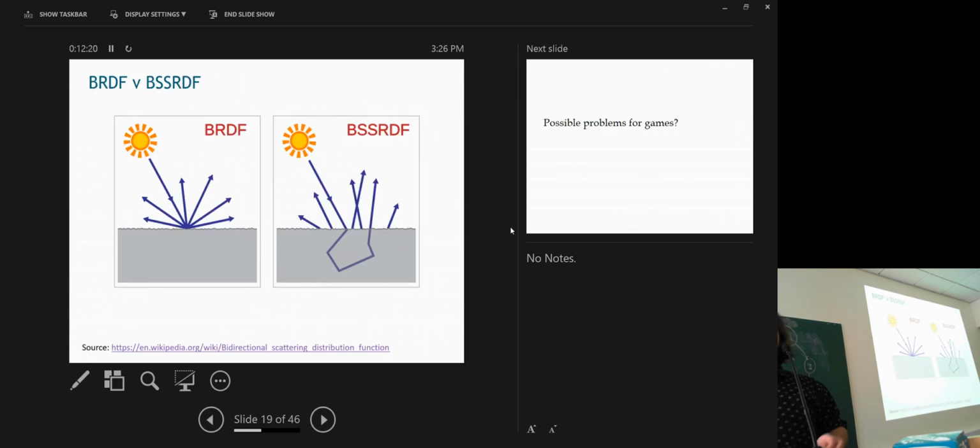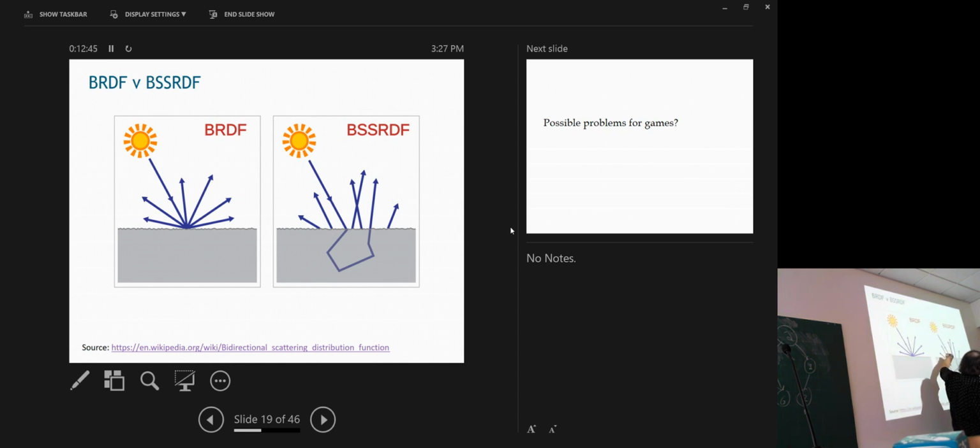So, in comparison, we had the BRDF, bidirectional reflectance distribution function, that shows how the light is reflected on the surface. But for these materials, we need the bidirectional subsurface scattering distribution function, which, in addition to the surface interaction, shows how the light interacts with the matter in depth.